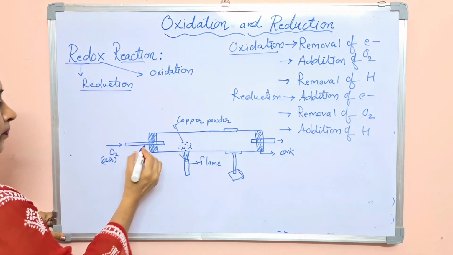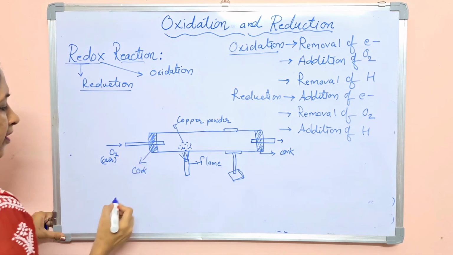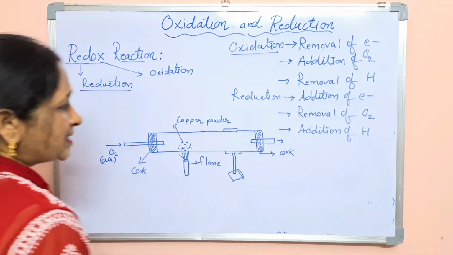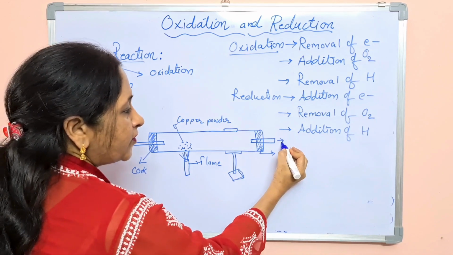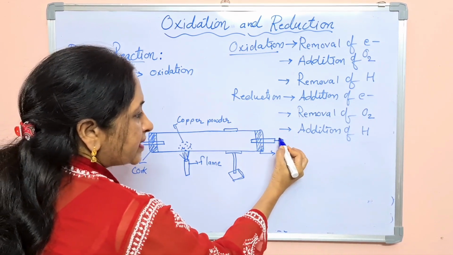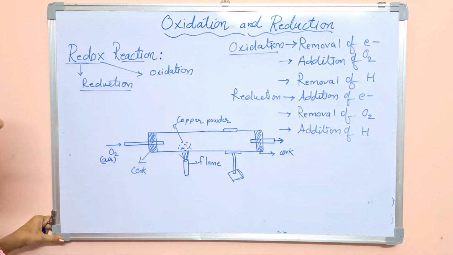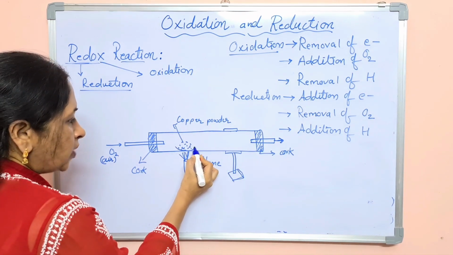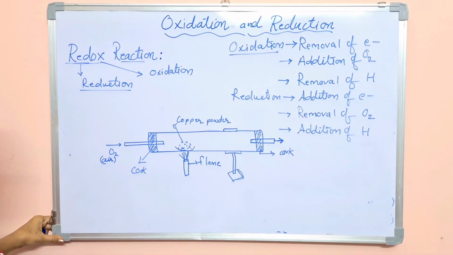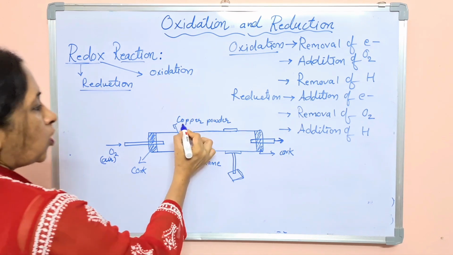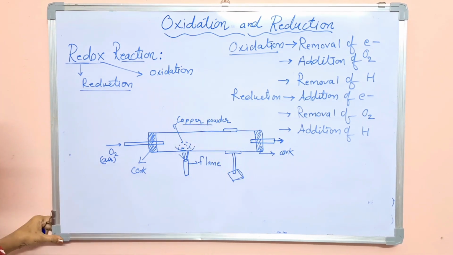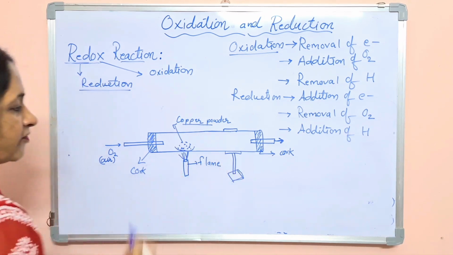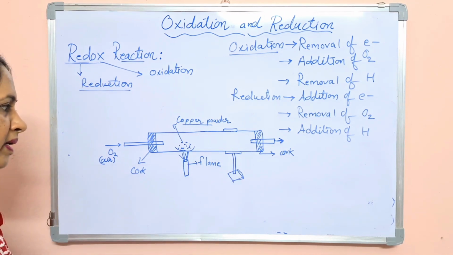From one end, through a fine tube, air is passed, and from the other side, an outlet is left for the gases to come out. In this glass tube, you take copper powder with a spatula, and heat this tube over the flame or burner.